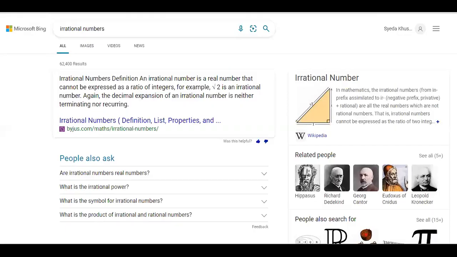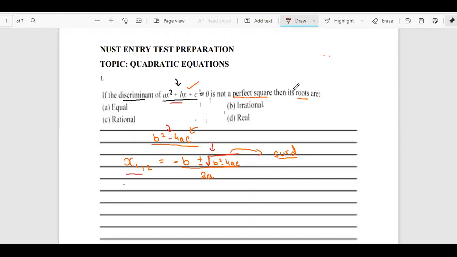Okay, here we are. If you read the irrational numbers definition, an irrational number is a real number that cannot be expressed as a ratio of integers. For example, under root 2 is an irrational number. So this means that surds are irrational.